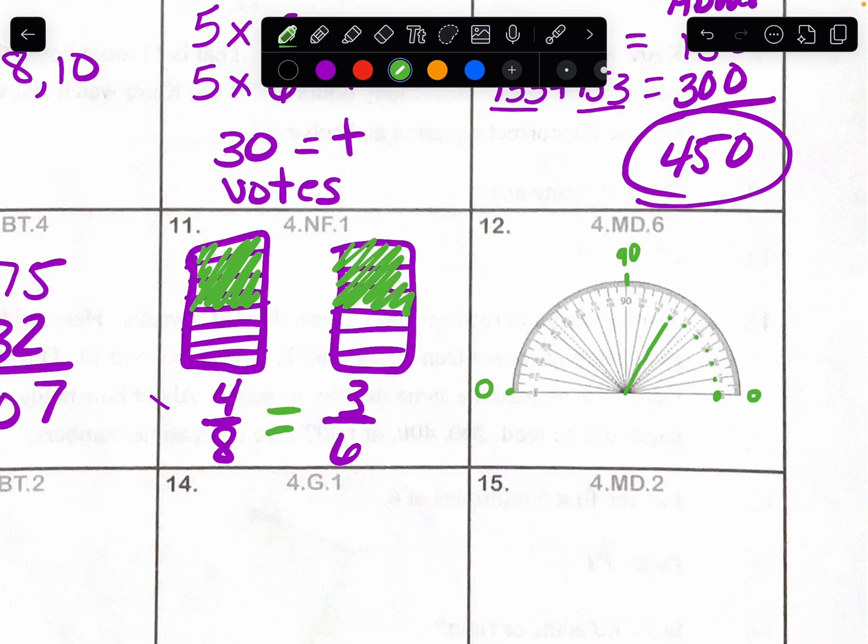So we're going to draw a line straight up from here and straight out from here. So what you have created is from 0 to this spot, specifically on the protractor, is 60 degrees. We're going to label it Q, W, and E.